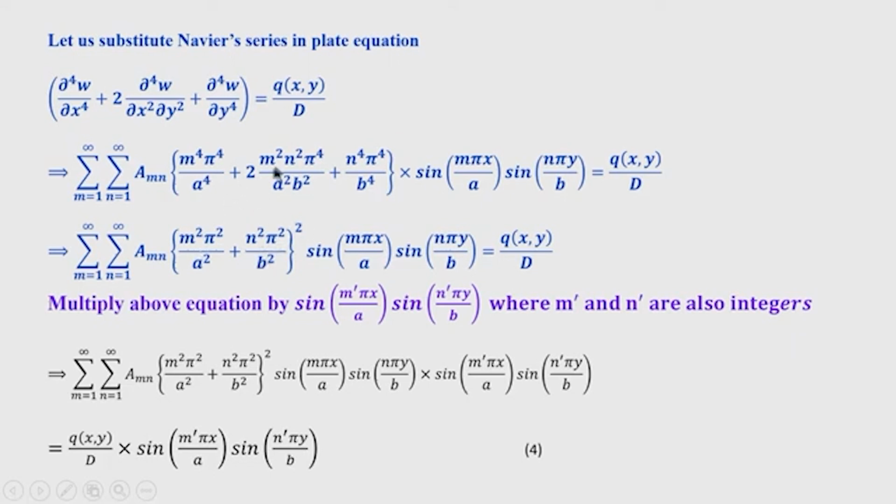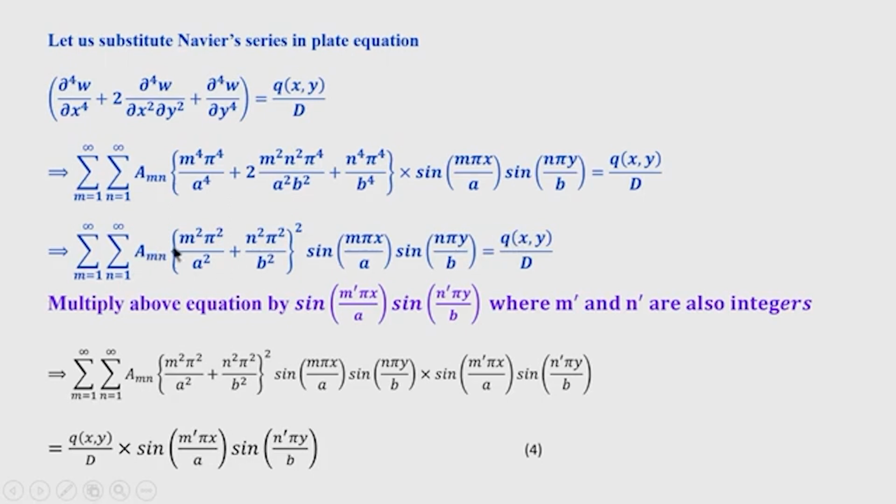That is obvious from this equation. Then this function is written here, sin m pi x by a sin n pi y by b, and the right hand side is the loading function q x y divided by d. This loading is a distributed loading, that means q is also a continuous function of x and y.